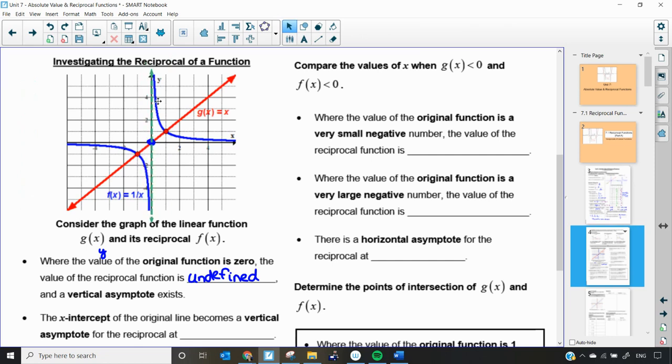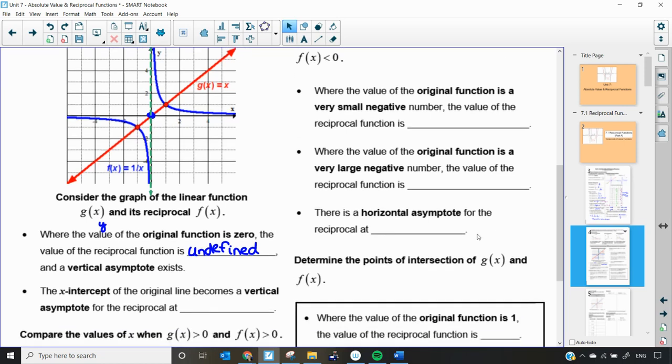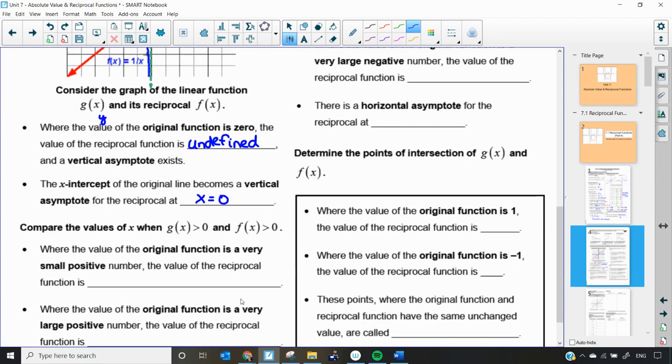And so that's a line that the graph is approaching, but never crossing. Now the x-intercept of the original line is what becomes our vertical asymptote. So the x-intercept of the original line becomes our vertical asymptote, and that happens at x equals 0. If you remember from grade 10, vertical lines are x equals, and horizontal lines would be y equals.